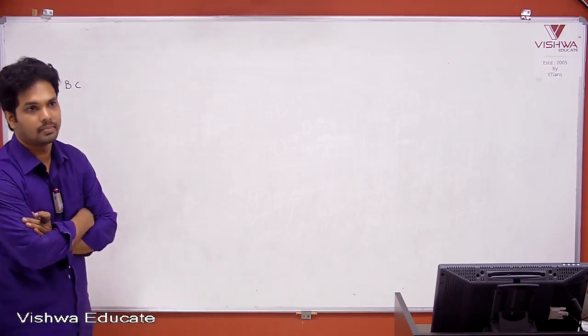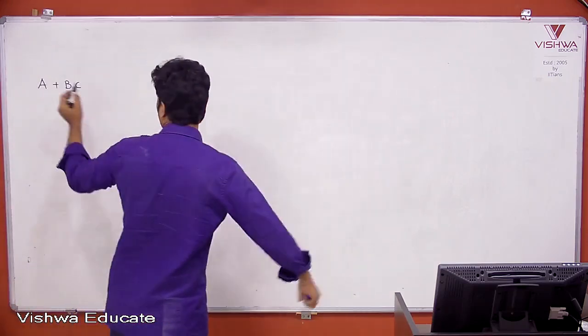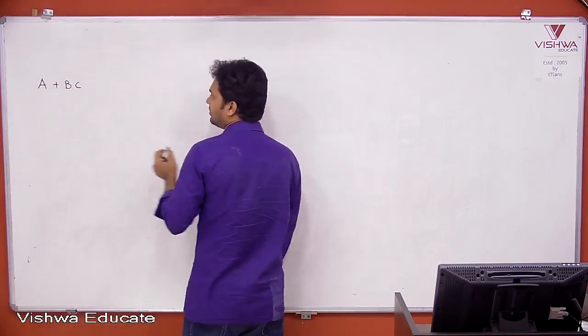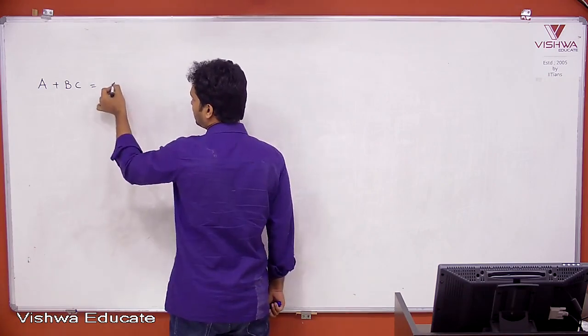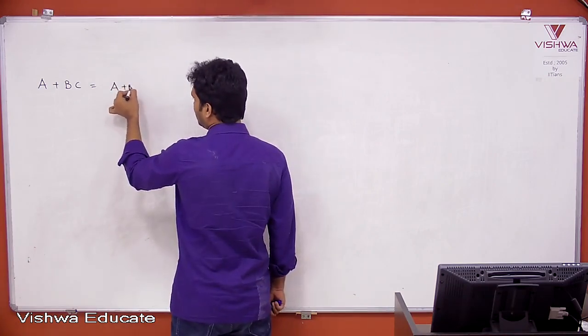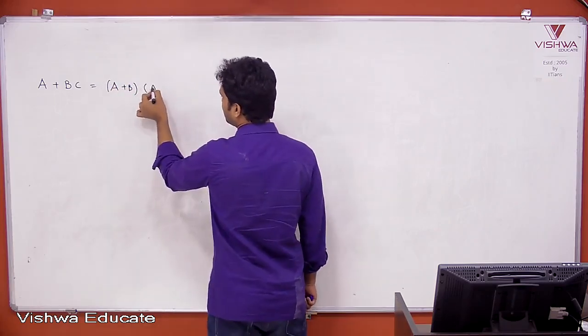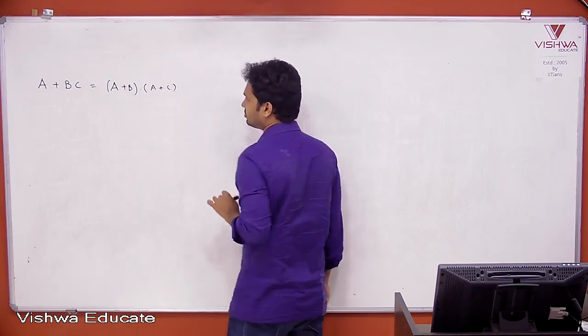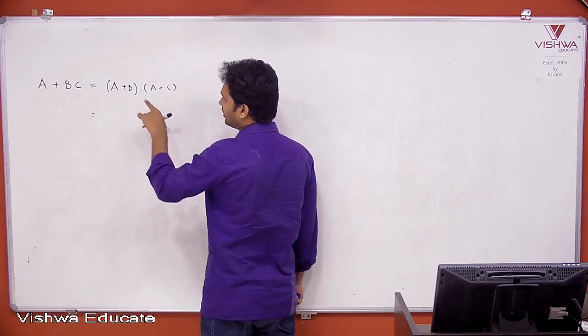How will you go for this? Will you take two bars and all? Easy way is, see here. A plus BC can be written as A plus B into A plus C. Now, what is this function?